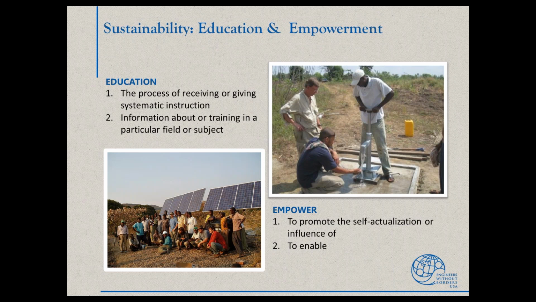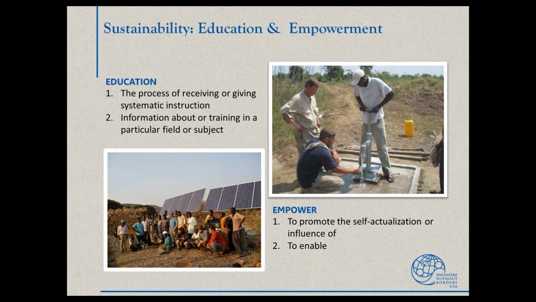So as we described on the previous slide, sustainability in a very broad sense within the context of EWB-USA is the capacity of a project to endure. As we saw, sustainability includes economic, environmental, and social factors, but encompassed within all of these is education.